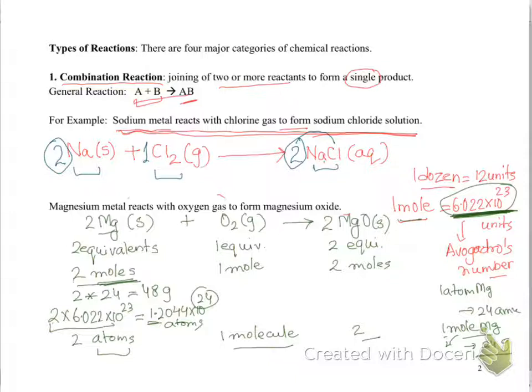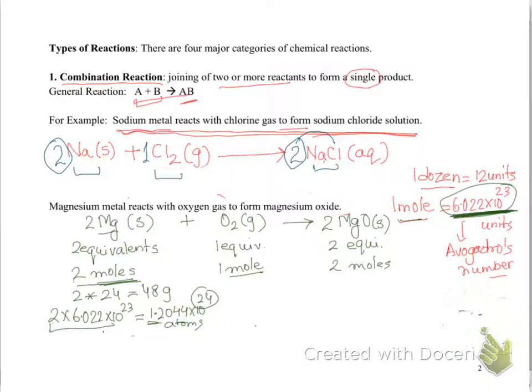So here is 1 mole of oxygen. 1 mole of oxygen gas means how many grams? So oxygen atomic mass is 16. 16 times 2 equals 32.